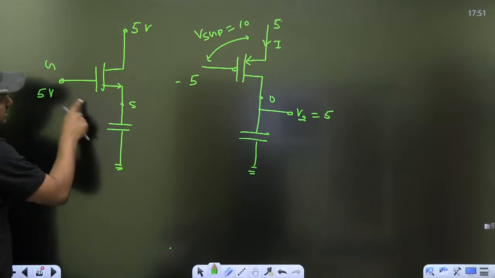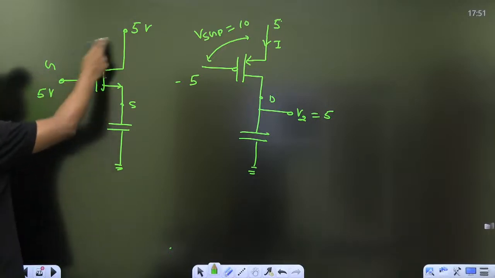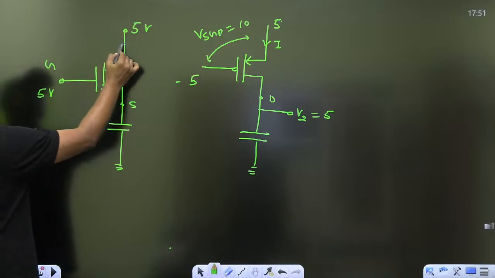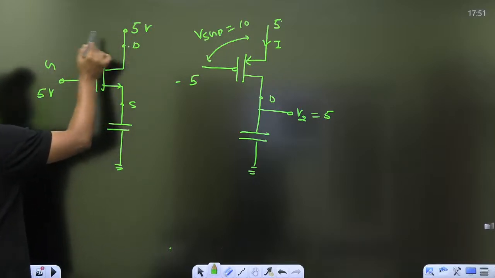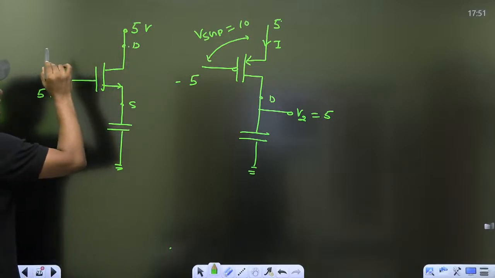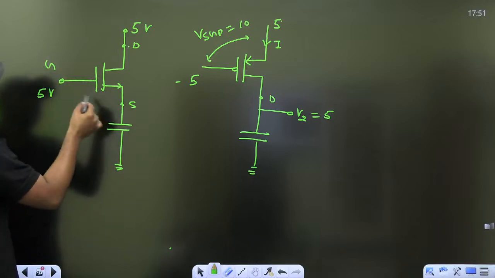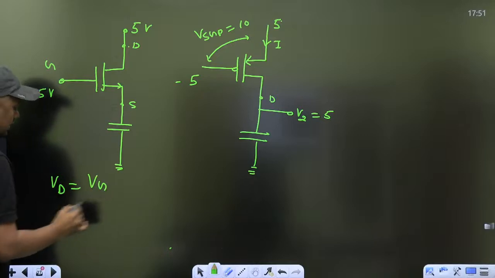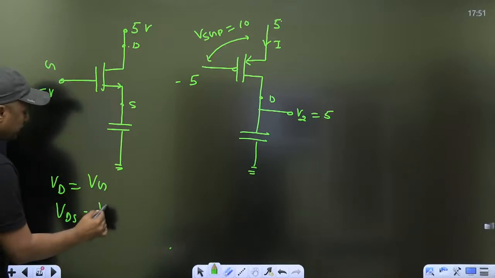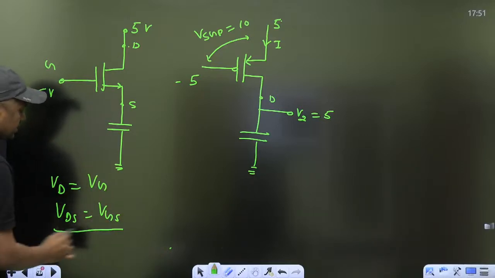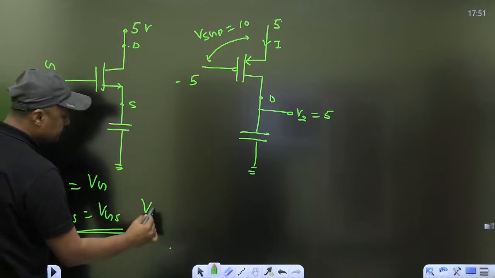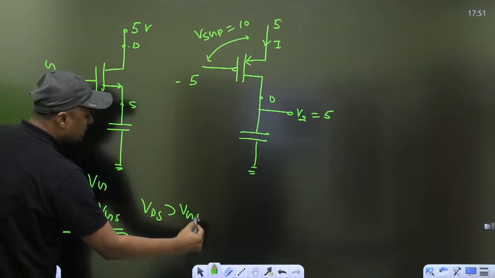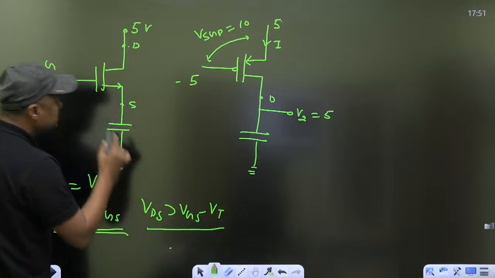But when we are talking about this one, you have to check it. When the drain and gate voltages are the same, no problem, because the drain is similar to the gate. That's why it is in saturation. When the drain is equal to gate, VDS is equal to VGS, so VDS is greater than VGS minus VT, which means saturation.